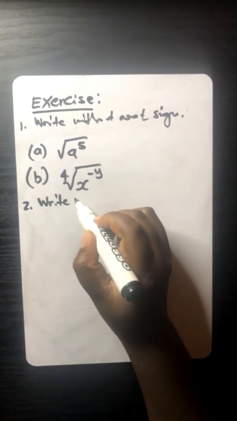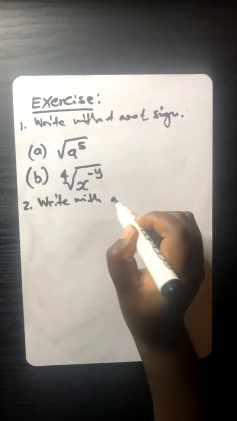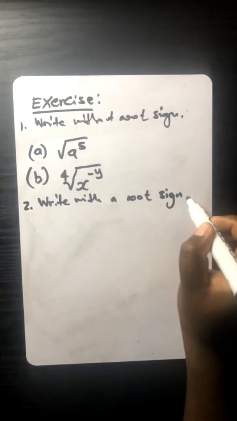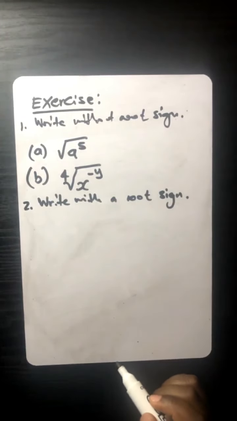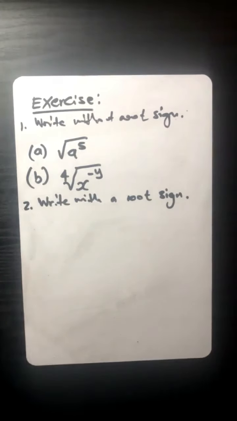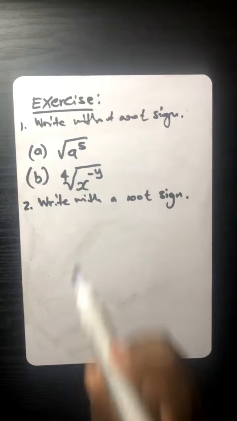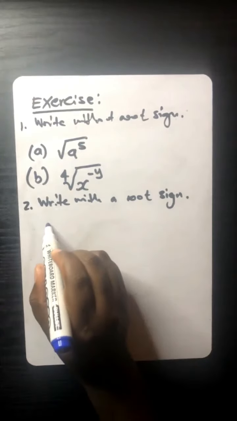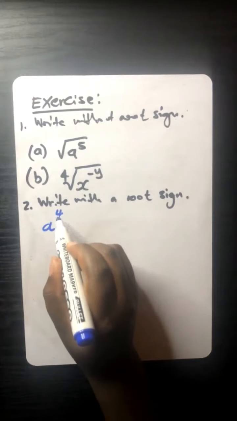Write with a root sign. So I'm going to just work out a few for you, and I'll also give you something to write. So let's say we've got a to the exponent 4 over 5.